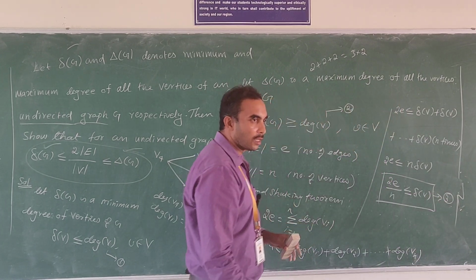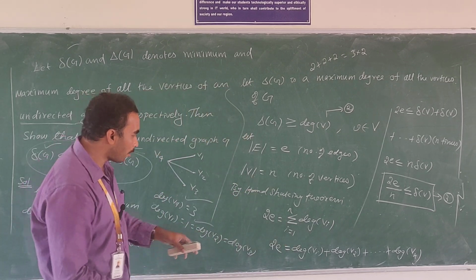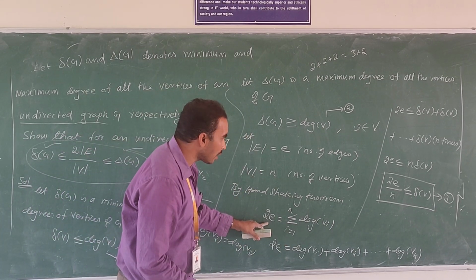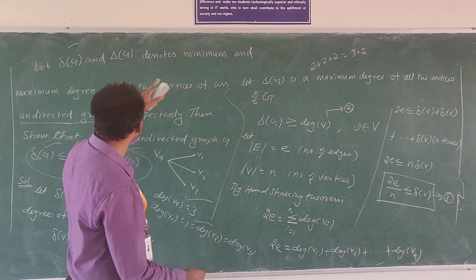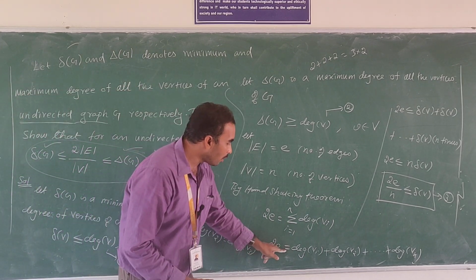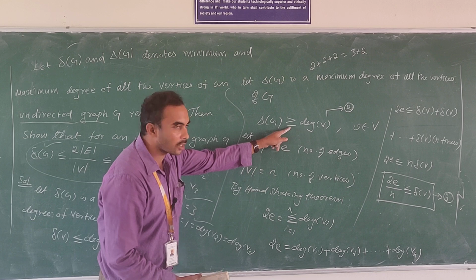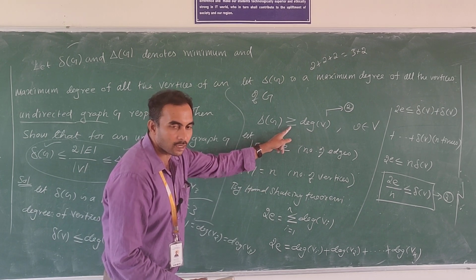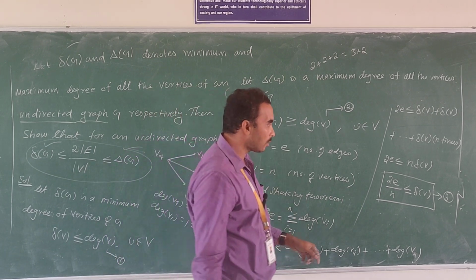Take it as 3. Like that we have to apply the handshaking theorem for Δ, the maximum degree of all the vertices. Only the symbol will change, to greater than or equal to.